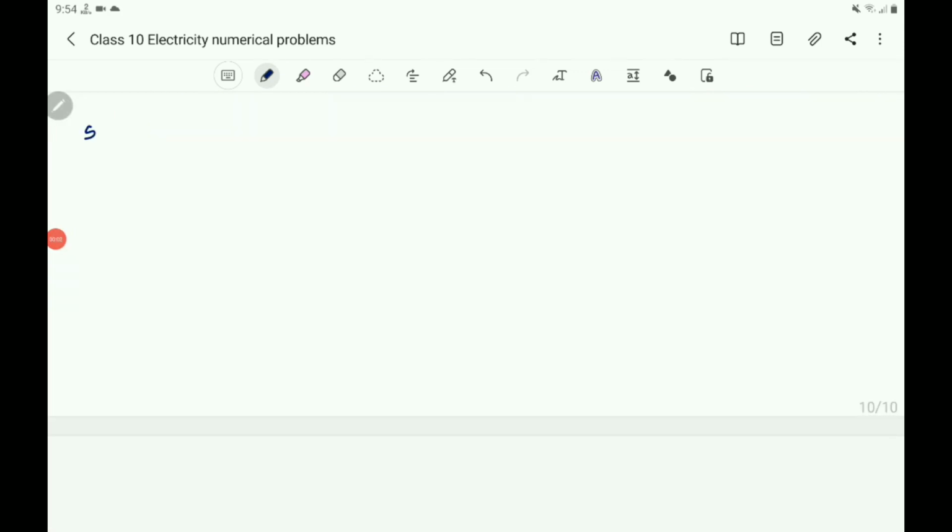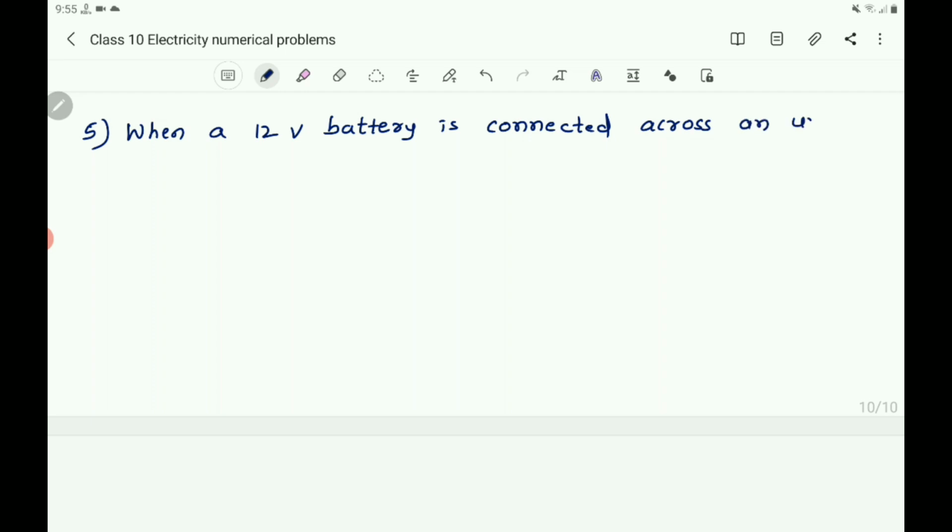Now let us take the fifth question. When a 12 volt battery is connected across an unknown resistor, there is a current of 2.5 milliamps in the circuit.